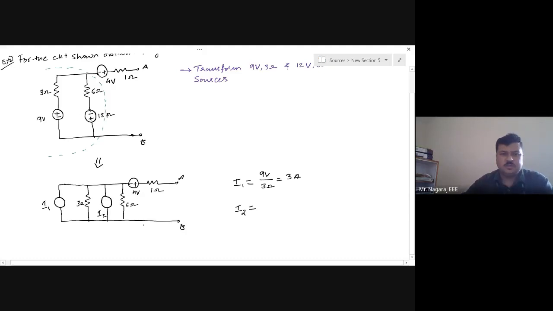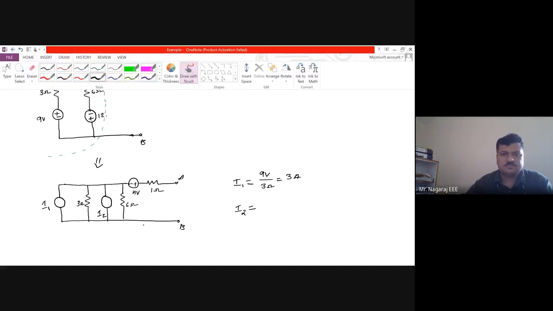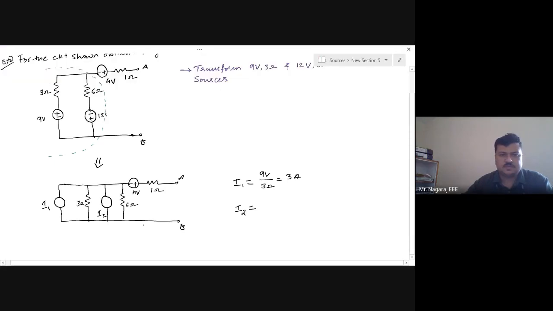Sorry, it should be volts. It is 2 amps. So this is 3 amps and this is 2 amps.